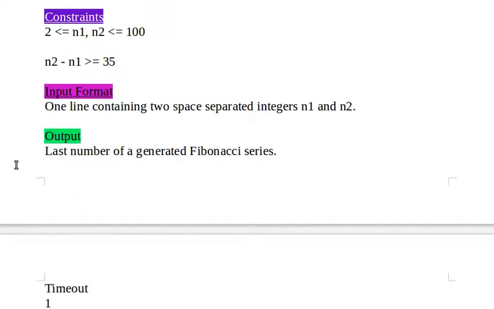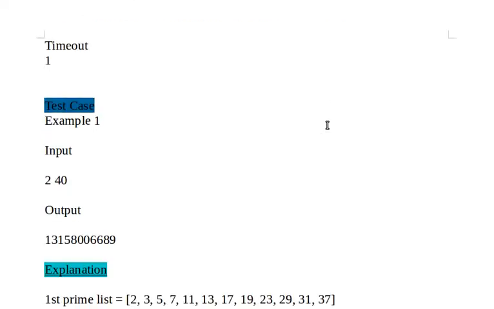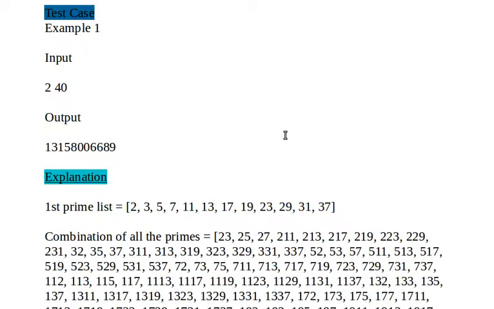It is very clear. We will be given two integers space separated, and we need to generate a single integer as an output. Coming to the point, let's look into the test cases for better explanation. You can see the first test case consists of two numbers 2 and 40, and the output is given here.